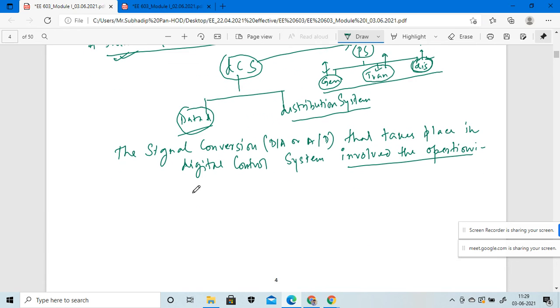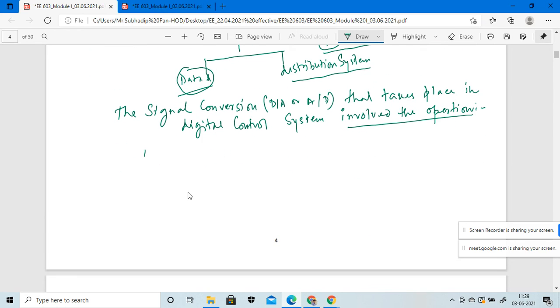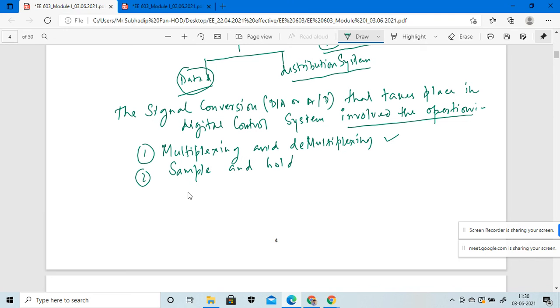The operations are, first, in the data acquisition part, we will discuss multiplexing and demultiplexing. So this will be the first operation. The second one is sample and hold, right?